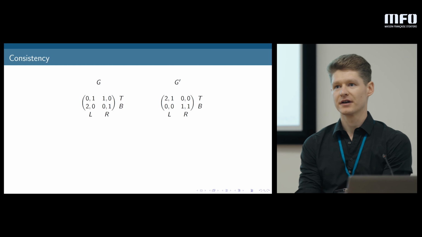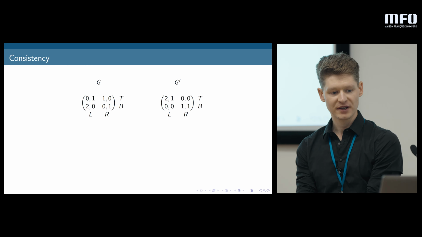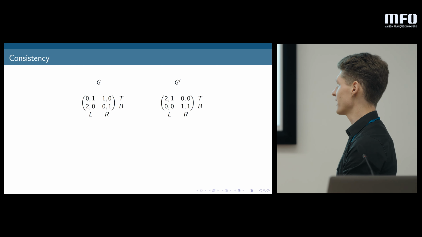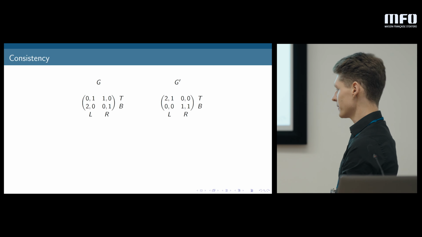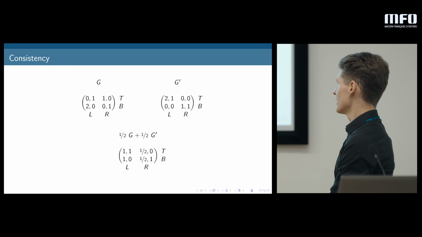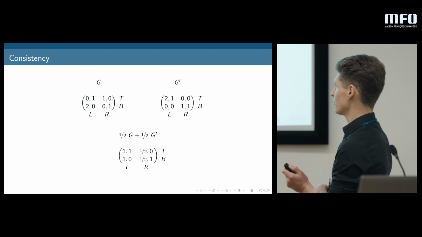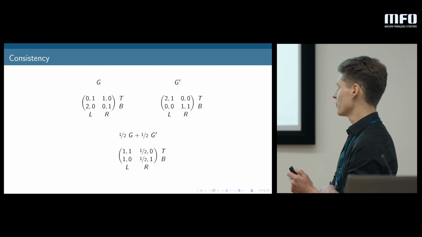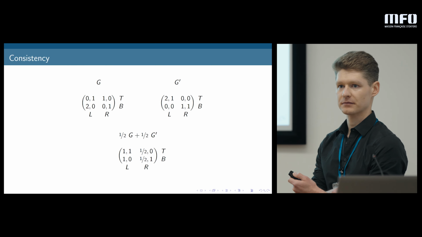Good. So then for consistency, I will also first give an example. So here we have two games on the same sets of actions, again denoted by G and G prime. And then the axiom will talk about convex combinations of these games, where by convex combination I mean entry by entry in the payoff matrices.